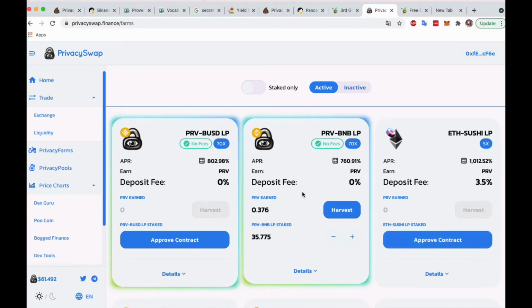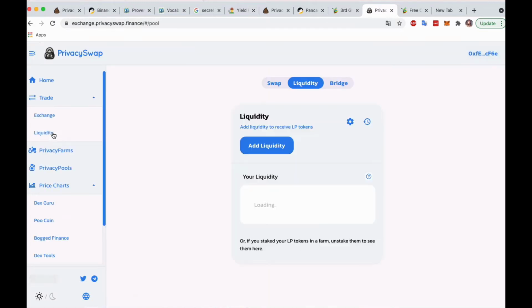An LP token is a liquidity provider token. To understand that a little better, I'm going to go to this liquidity tab over here. And over here it says add liquidity to receive LP tokens. Also, the next thing we see here is that if you stake your LP tokens in a farm, unstake them here to see them here.